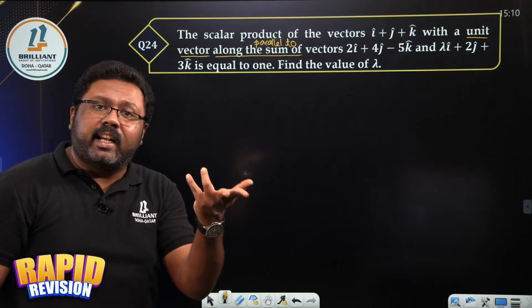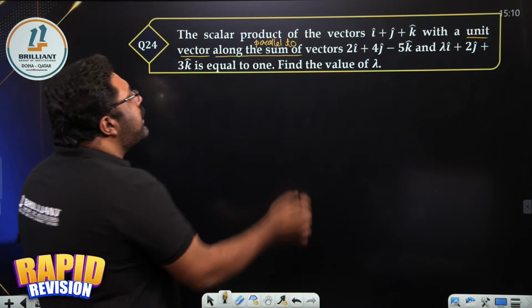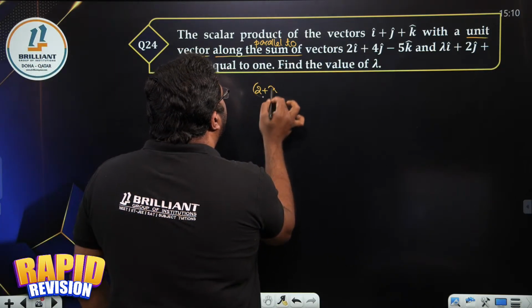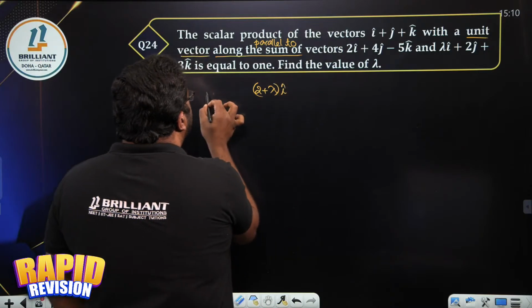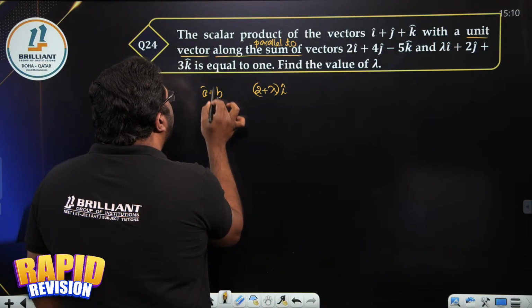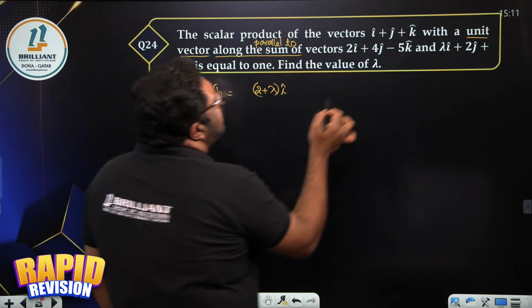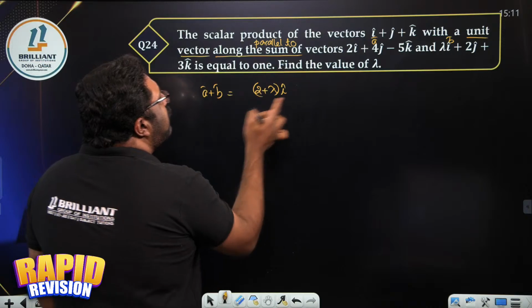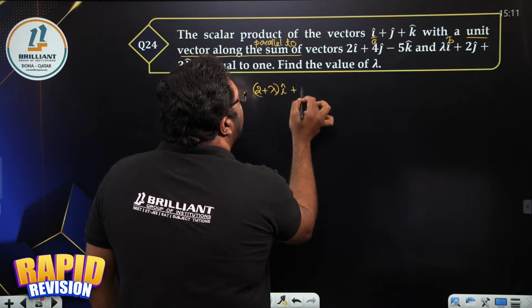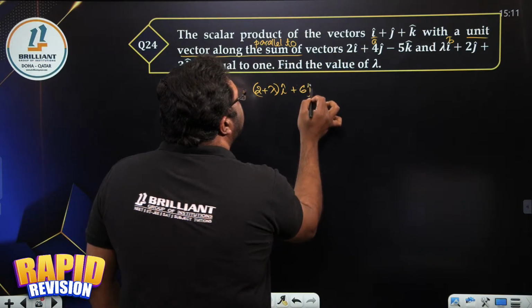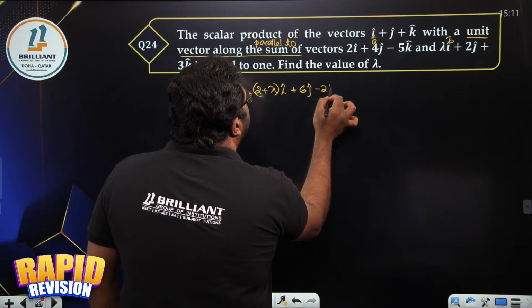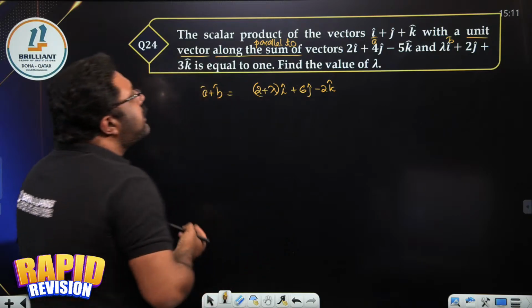It was said resultant of, now it is sum of. So what is the sum of A plus B, all of you? This is A, this is B. Sum of A plus B is (2 plus lambda)i plus 6j minus 2k. This is A plus B.